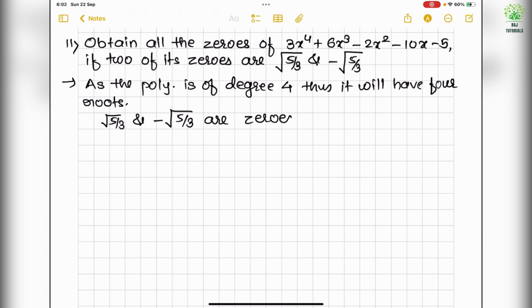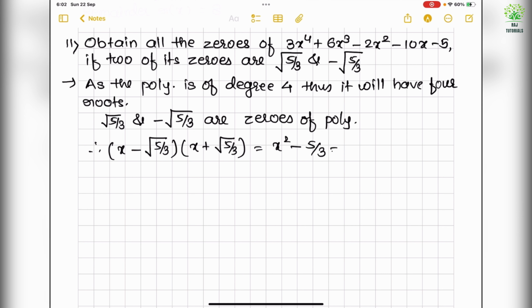So root 5 by 3 and minus root 5 by 3 are two roots given, zeros of polynomial or roots of polynomial, both are same. So if I say x minus root of 5 by 3 into x plus root 5 by 3, so this will be equal to x square minus 5 by 3 equal to 0.